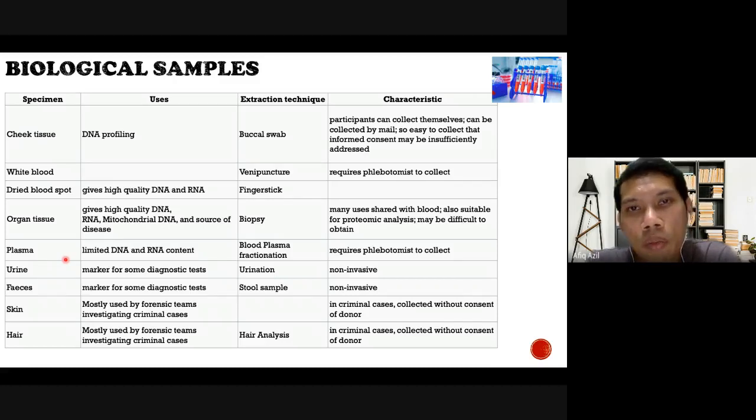Even for alcohol level, you can just use the breathalyzer test. It will tell you whether the person is intoxicated or not. So it depends on the user. These are some of the biological samples and how the samples are extracted.